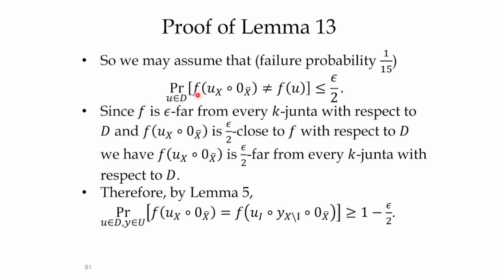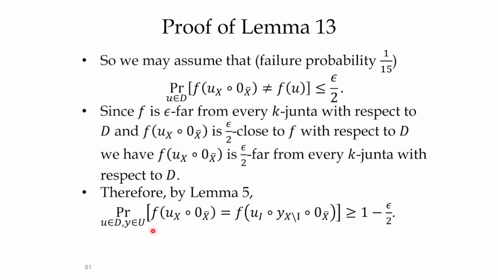We assume that the probability of all that stuff not being equal is less or equal to half epsilon. Since f is epsilon far from every K junta with respect to D, and the function on that is epsilon divided by 2 close to f with respect to D, we have that this function is actually half epsilon far from every K junta with respect to D.